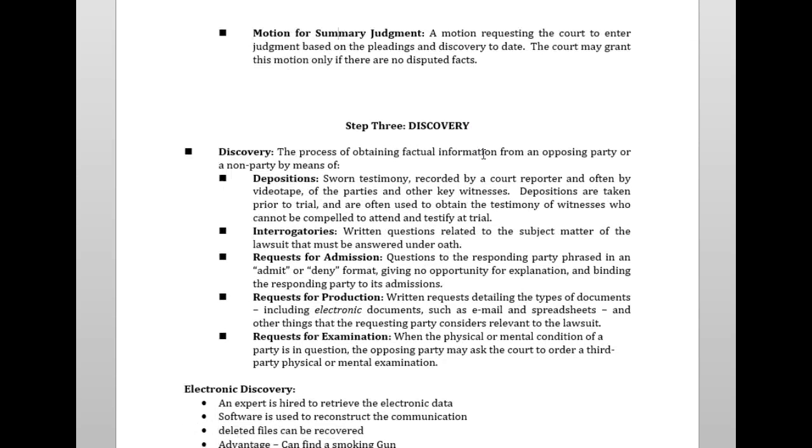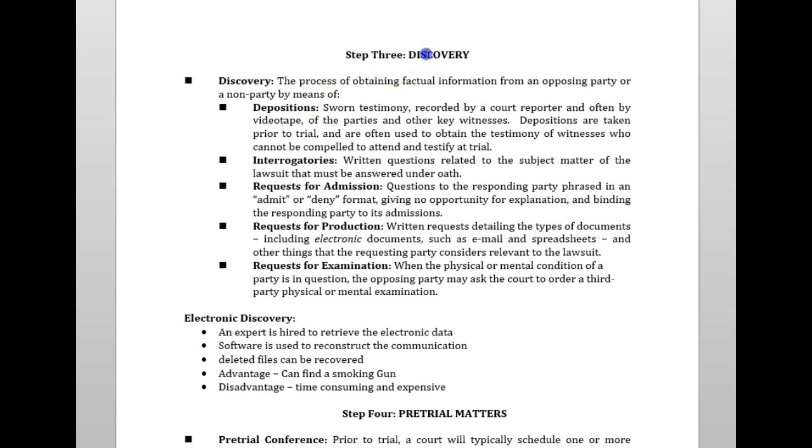And now we come to step 3. And step 3 is the discovery part of any trial. That's where both sides try to get as much factual information as they possibly can about what is involved in this. There will be depositions, which are sworn testimony. It's recorded by a court reporter. Sometimes they're videotaped. They're taken prior to the trial, and they're often used to obtain testimony from a witness who cannot either attend or be compelled to attend or testify at the trial.